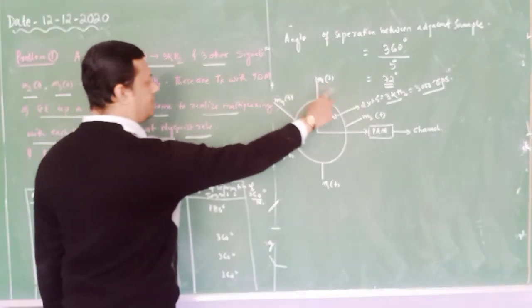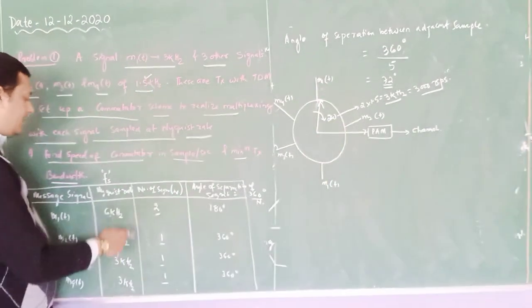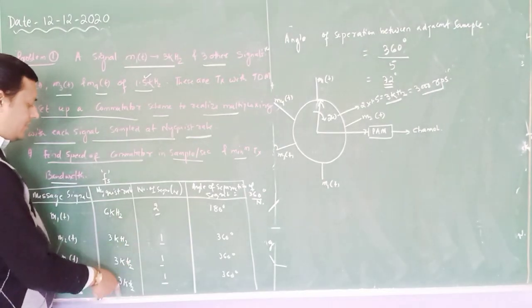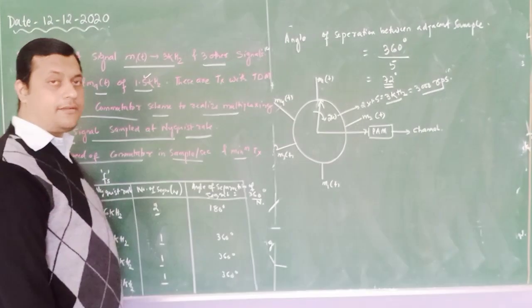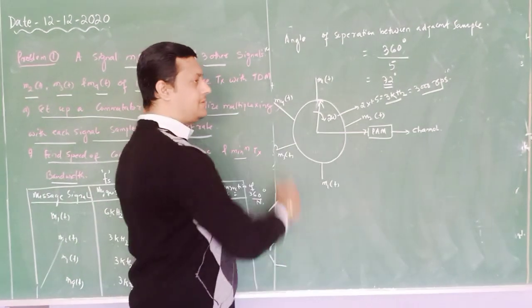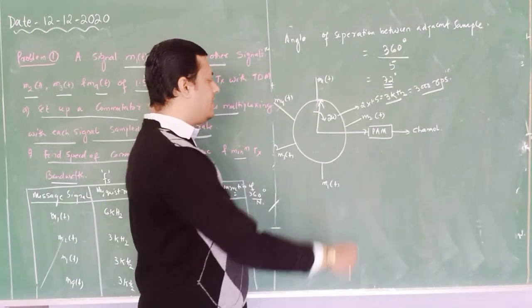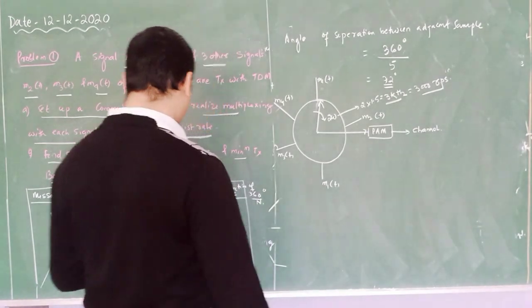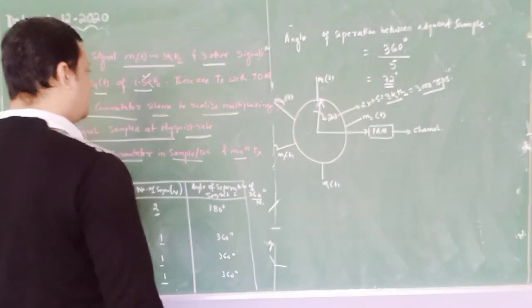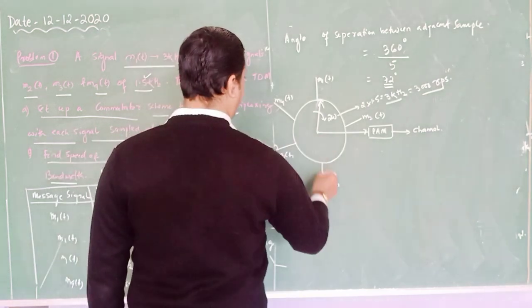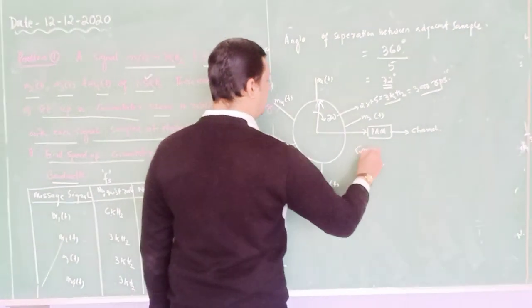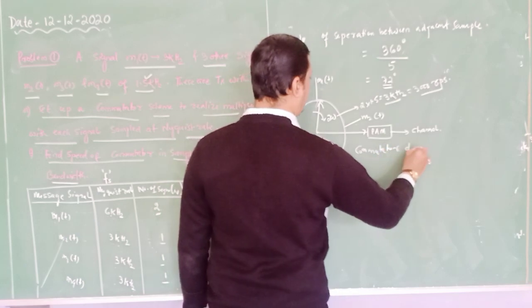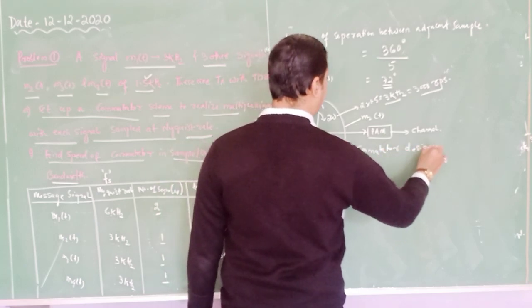Here it is 72 degrees. Okay. M1 and M4, how many are there? There are 3 signals, so 3 into 72. According to that, you have to place M4. Similarly, M3. Similarly, M2. Okay. So this is the commutator design, or you can say it is called the setup.